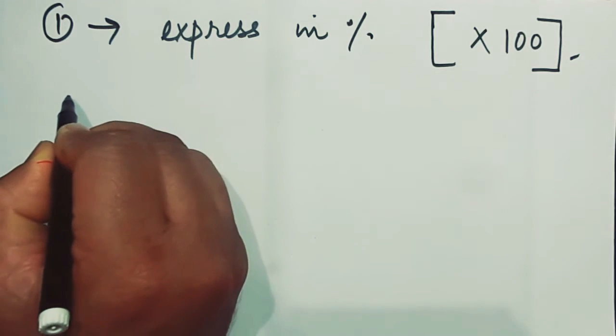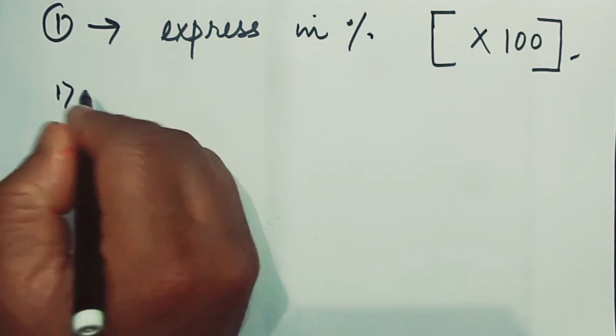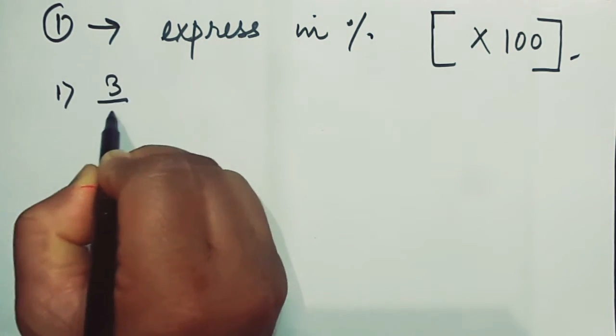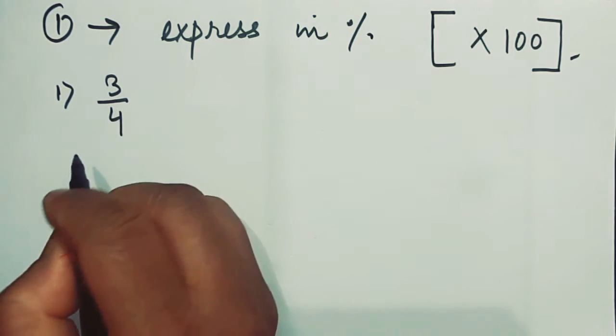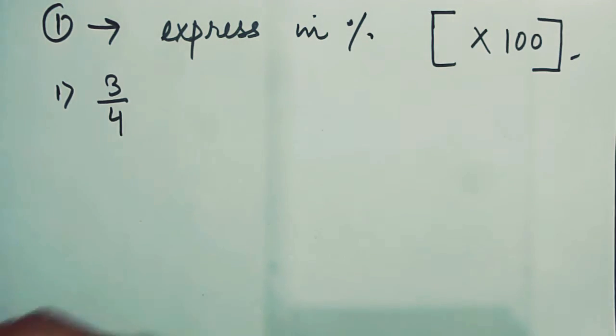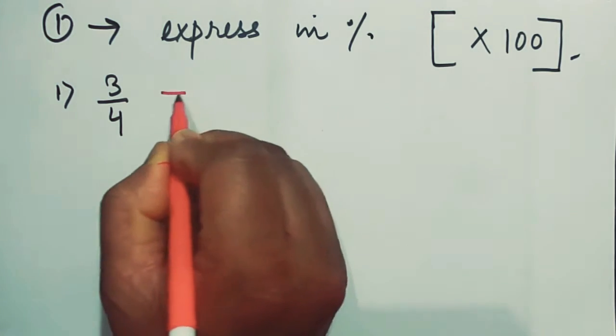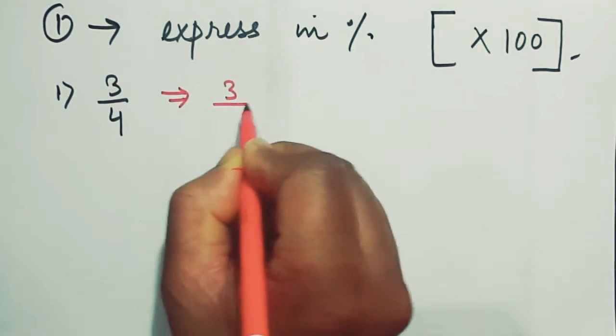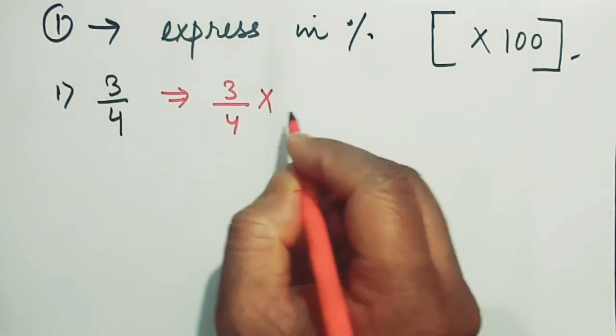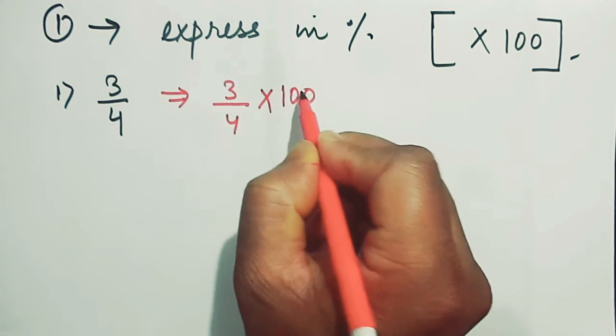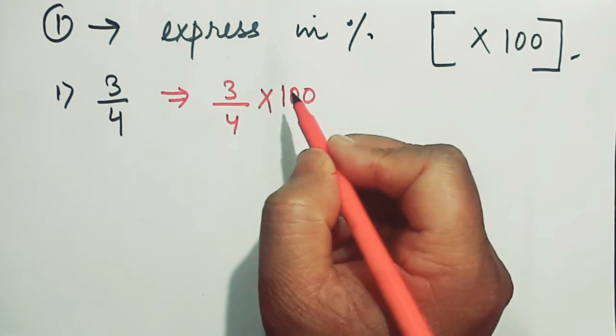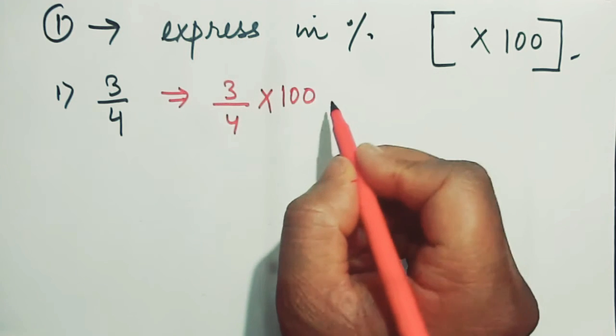For example, when we talk about 3 by 4, and here you need to find the value in percentage, therefore 3 by 4 multiplied by 100. When you multiply 3 by 4 into 100, what will you get?